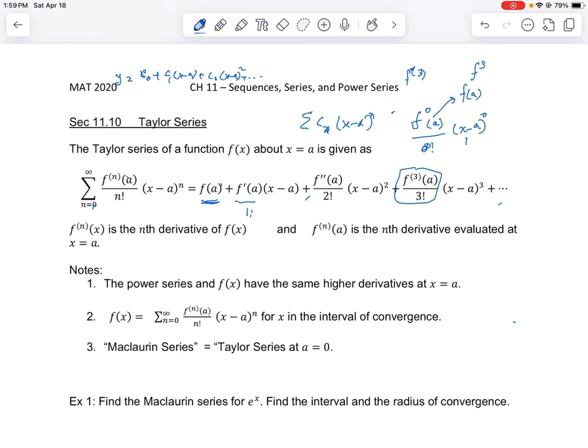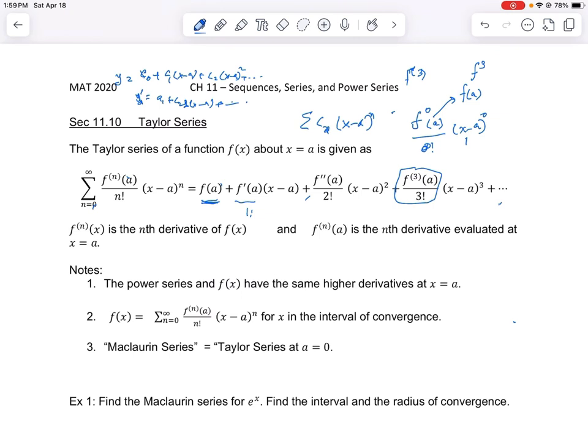So the first derivative of the series will be y prime equal to c1 plus c2 times 2 times x minus a plus dot dot dot.